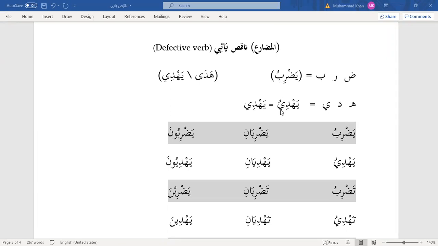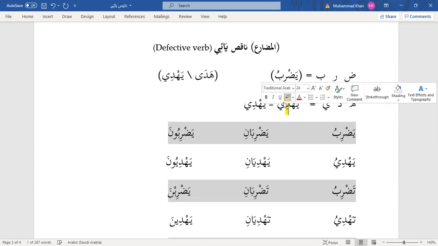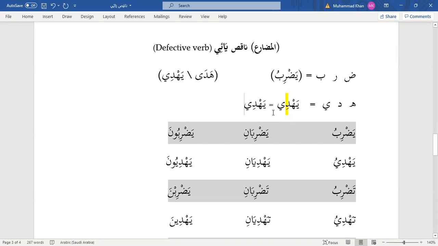Now the rule for naqis wawi was when waw has dhamma and there is dhamma before it, waw becomes sakin. For ya'i, the rule is when ya has dhamma and there is kasra before it, then it becomes sakin. That means that the dhamma has to be dropped.